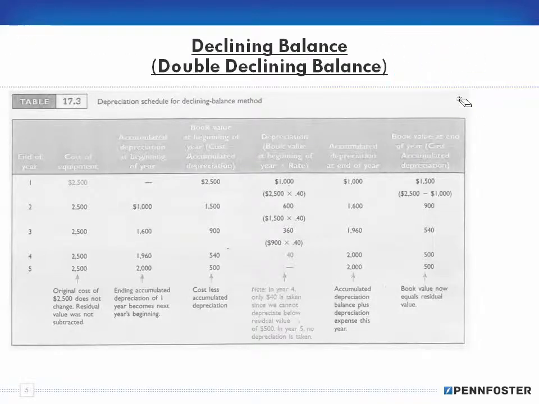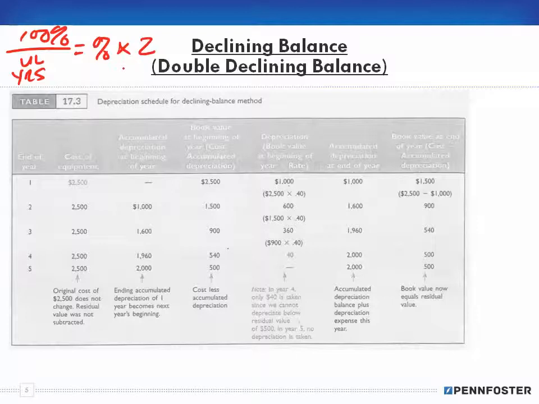The way we calculate the rate is we take 100% and divide it by the years in useful life, and that gives us a percentage. Then we multiply that percentage by a rate or a factor. The greatest this factor can be is 2.